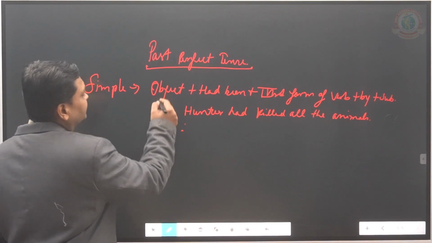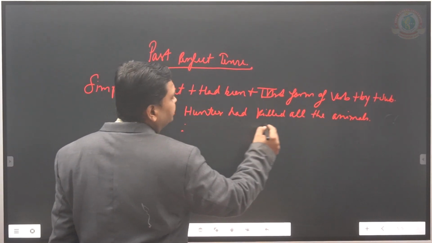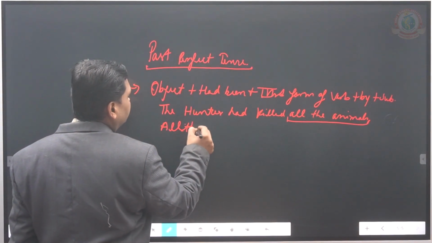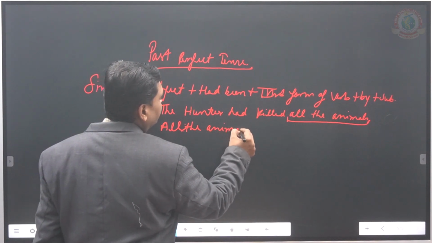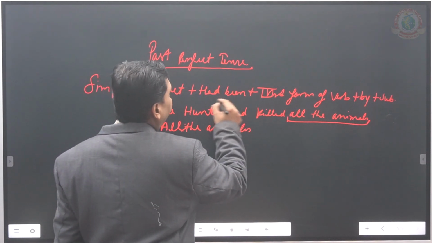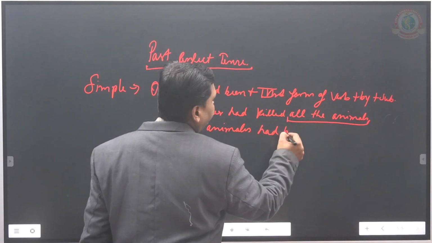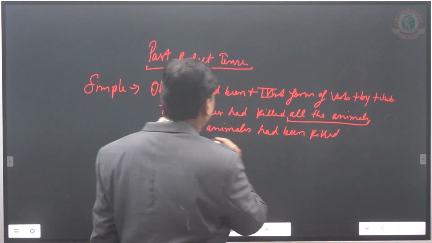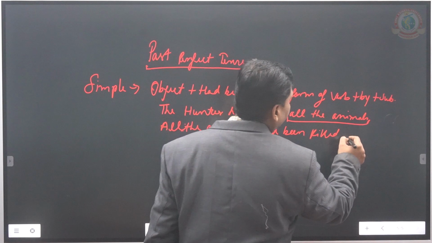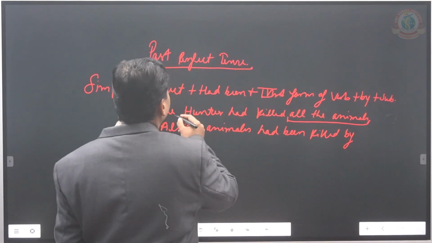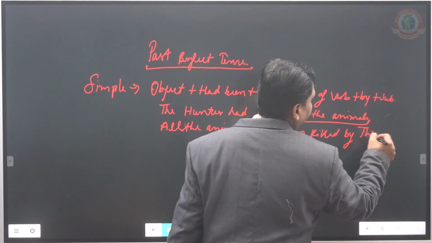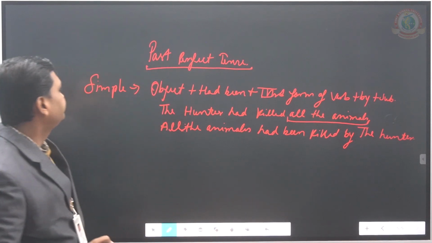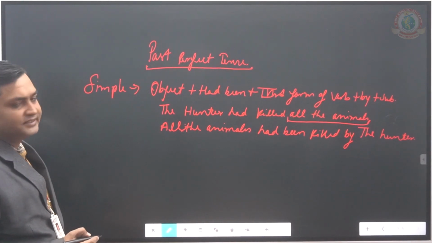In passive form, first of all we will add the object here. The object is all the animals. All the animals had been killed, third form of the word killed, by the hunter. So this is the passive form of past perfect tense in simple form.